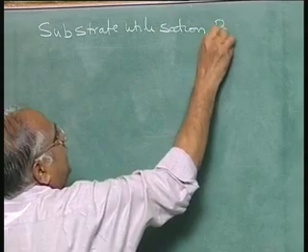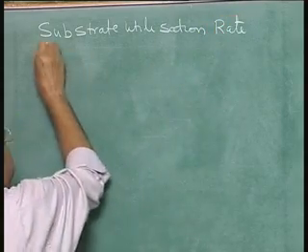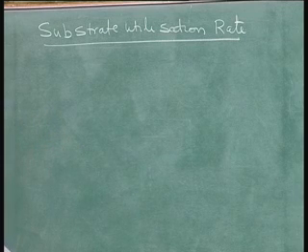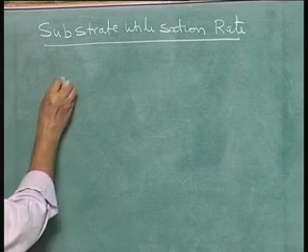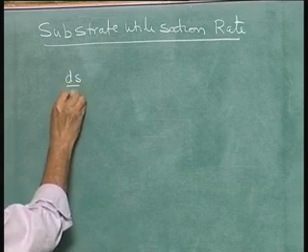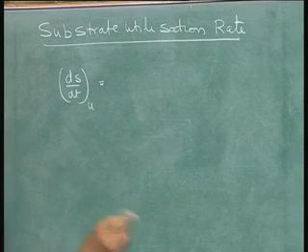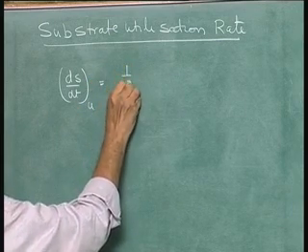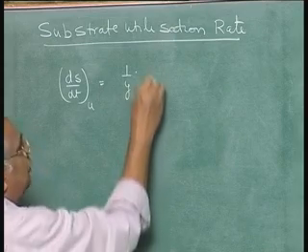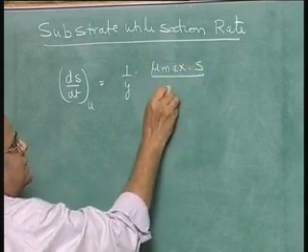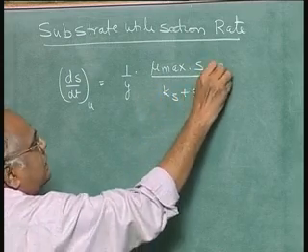According to the equation, ds by dt utilized is equal to 1 by y into mu max S over Ks plus S into x.